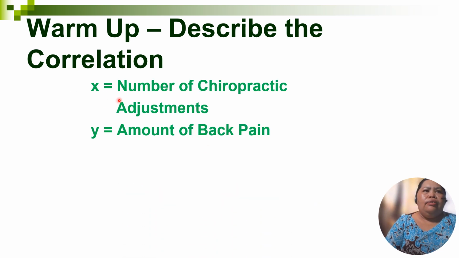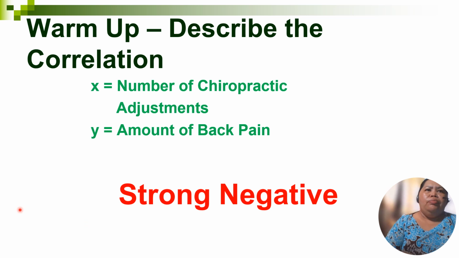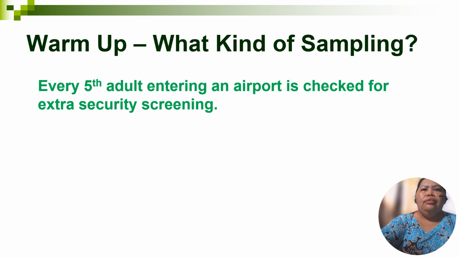Okay, so X is equal to the number of chiropractic adjustments, and Y is the amount of back pain. So what type of correlation is this? Is it negative or positive? Of course, it is negative.